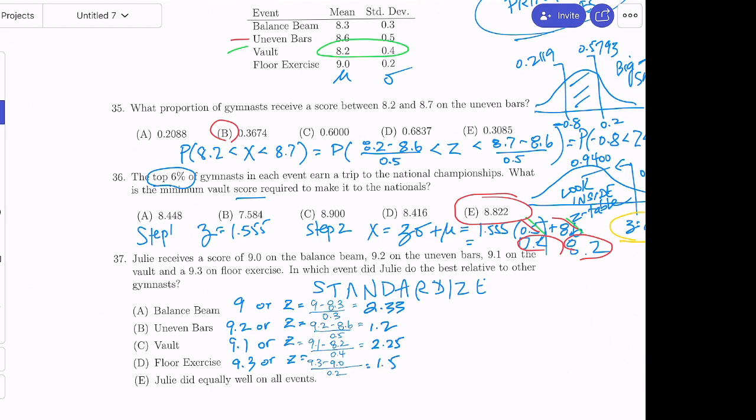Clearly the best one is A. All right? So the answer is A.